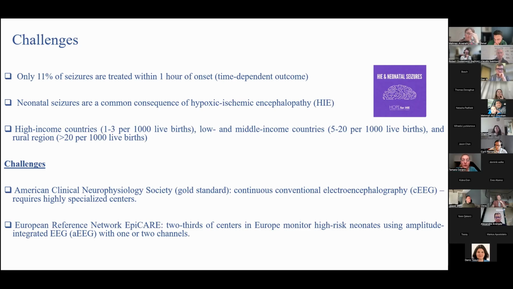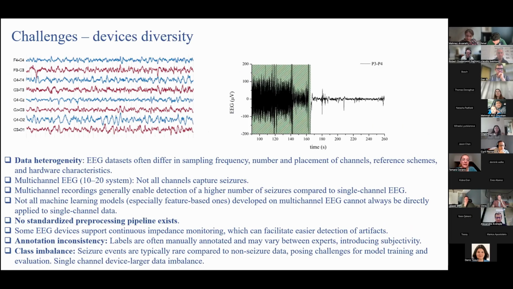According to EpiCare, two thirds of centers in Europe actually use amplitude-integrated EEG with single or double channel EEG. Why do they use it? Because it is very easy to interpret amplitude-integrated EEG, and that is one of the main problems, because most centers in Europe don't stick to the gold rules from the USA. It also depends on the specialization of the clinic.